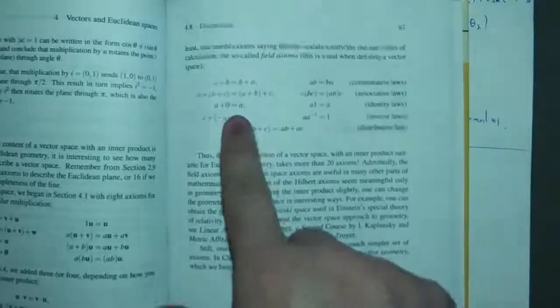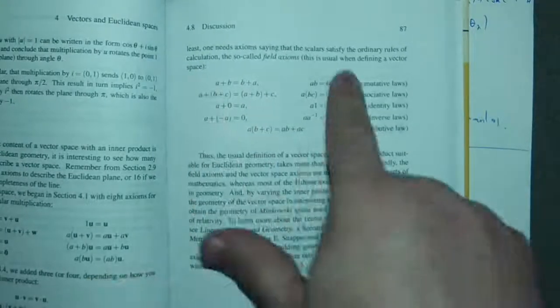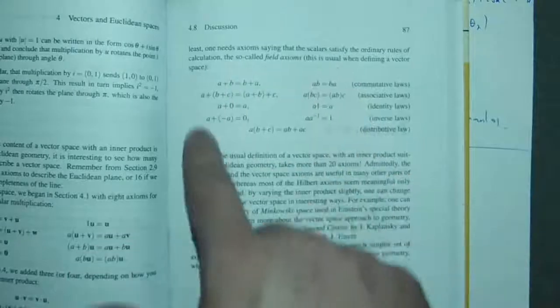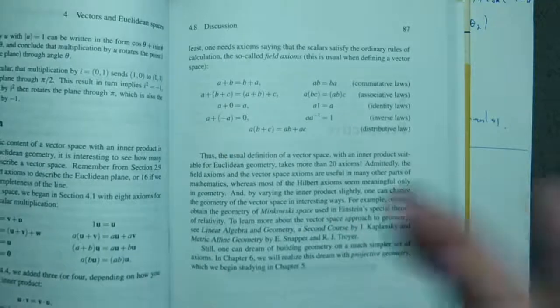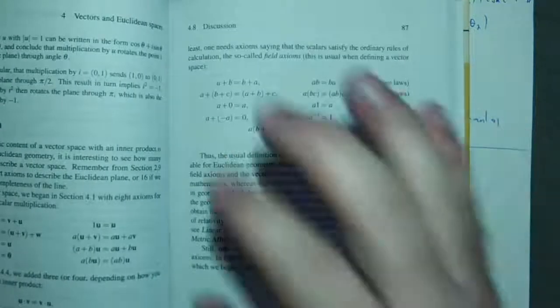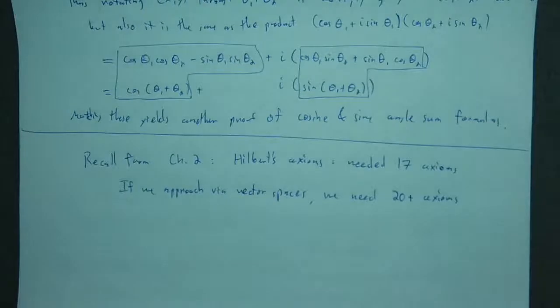But then for the scalars that you're using, you needed some basic facts like what are called the field axioms. So these scalars weren't allowed to live in some more general space. They had to live in something called a field, which is a very, very nice and very restricted, rigid space. So altogether, that's about 20 plus of those axioms. Now, it's not that big of a deal because these axioms, vector space axioms, field axioms, stating those or having those at the ready is useful in various other fields and various other disciplines.